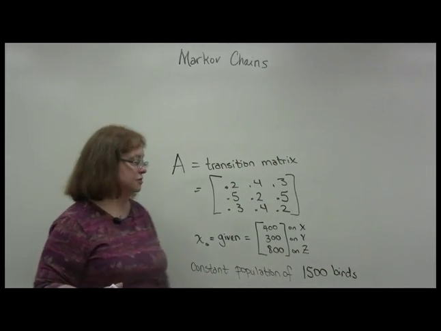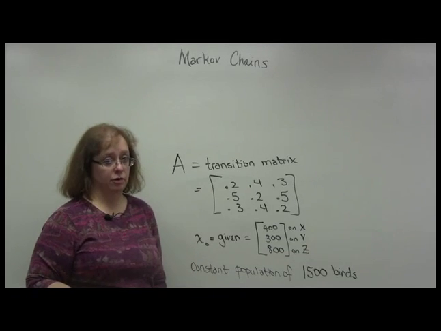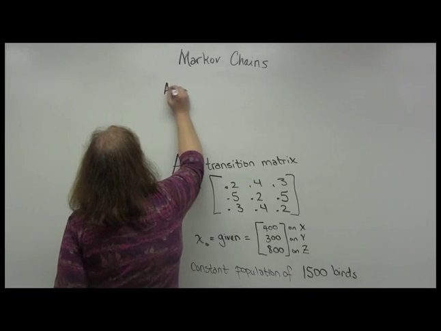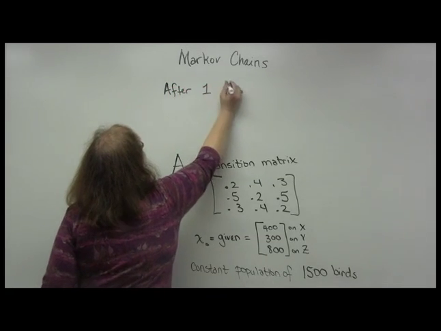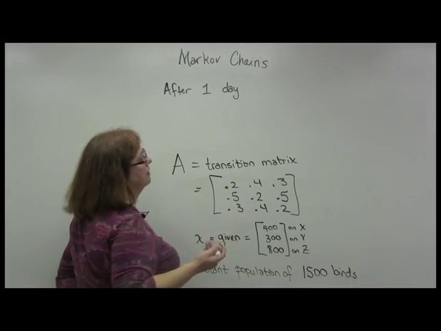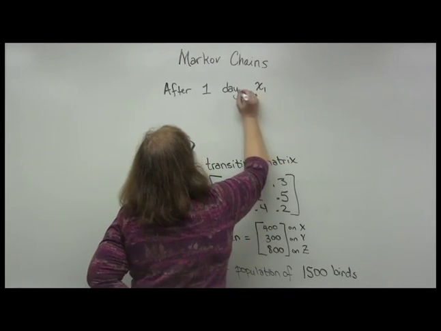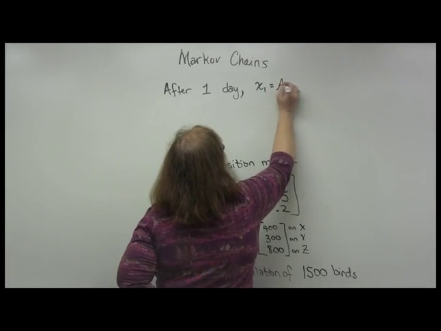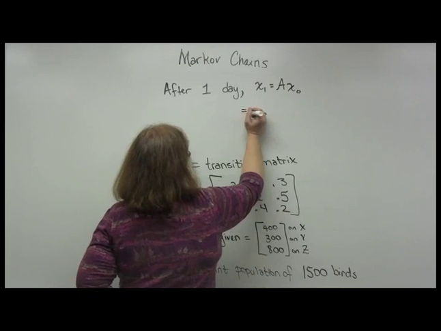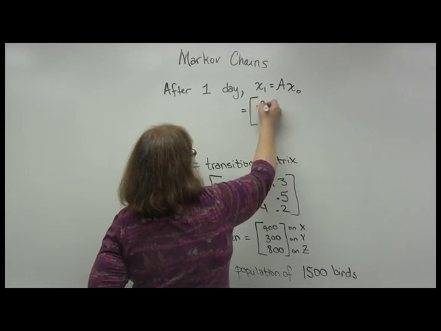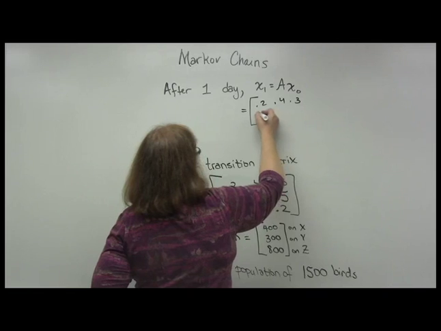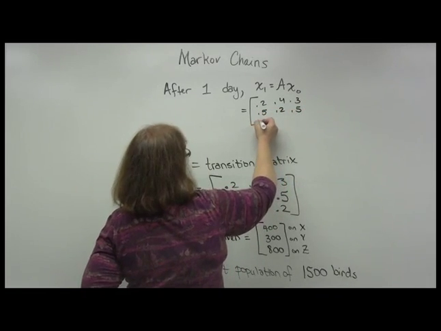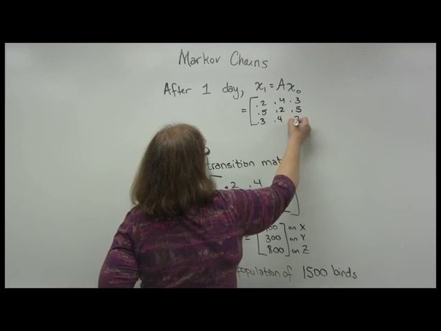So throughout this process, as we work on this problem, I'll always have 1,500 birds. So let's see what's going to happen after 1 day. Now remember, we notate that as x sub 1, and that's going to be our A times our x sub 0, which is this: 0.2, 0.4, 0.3; second row 0.5, 0.2, 0.5; third row 0.3, 0.4, 0.2.